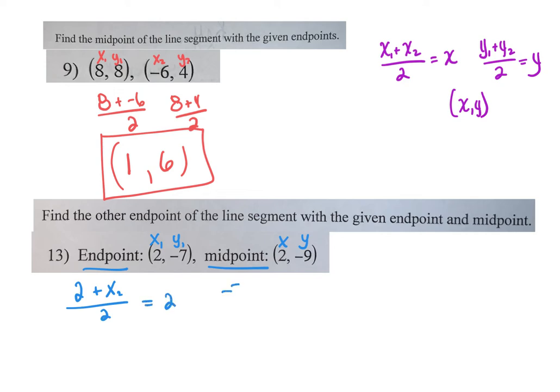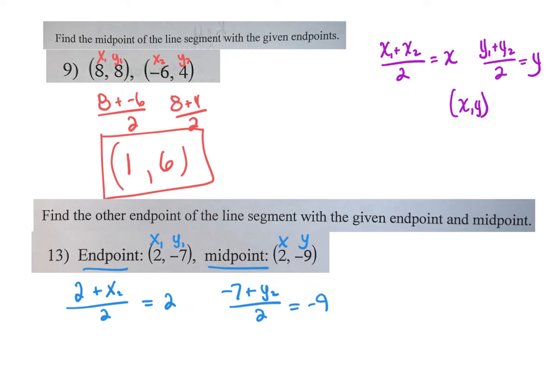And then I have my y plus my second y that I don't know, over 2, equals my y value of my midpoint. So they've given you the x, y of your midpoint and one of your endpoints, and you're solving for the other one. You're doing the same exact formula. They just gave you what you solved for, and they didn't give you your second point. So you're just going to solve this.